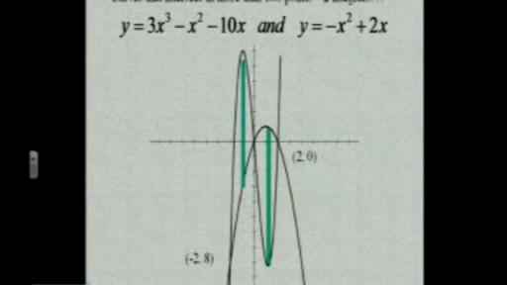Okay, the next example gives us the idea that if you have two curves that go back and forth, notice one is a degree 3 and the other is a degree 2, so they have varying behaviors. We actually have more than 2 points that intersect. Here I see that there's a first intersection at (-2, 8), a second intersection at (0, 0), and a third intersection at (2, 0).